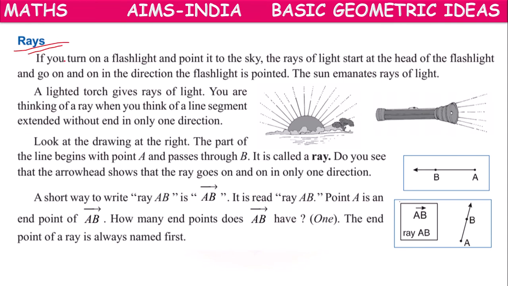Next, rays. Suppose you turn on your flashlight and point it to the sky. You can observe that the rays of light start from the head of the flashlight and go in the direction the flashlight is pointed.